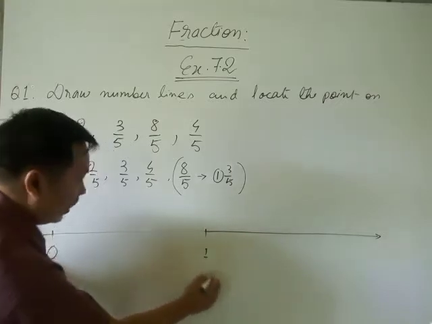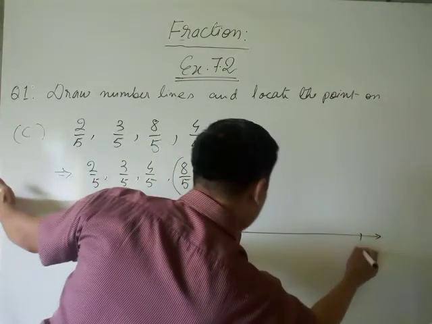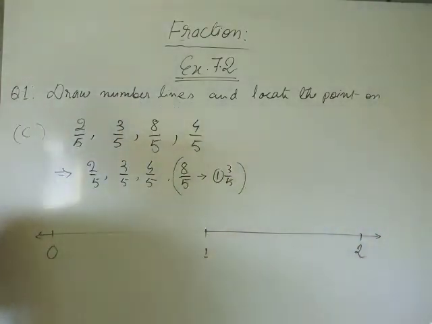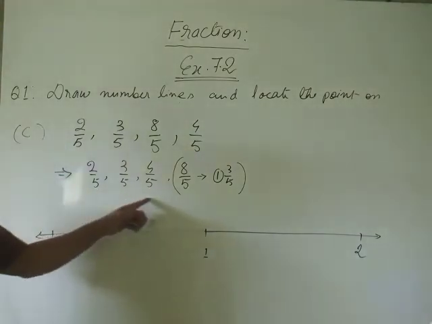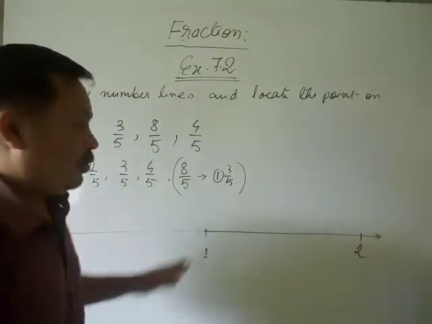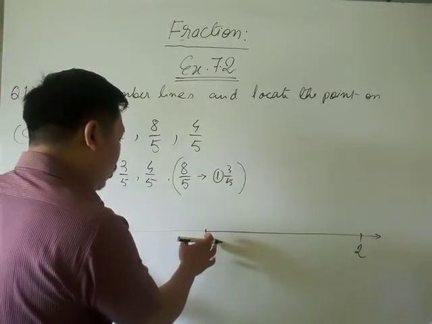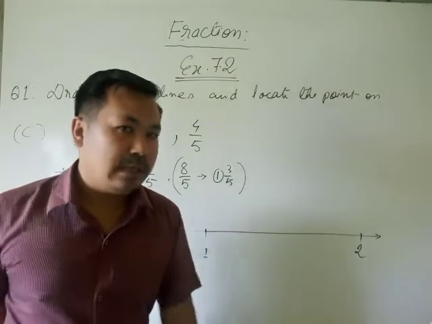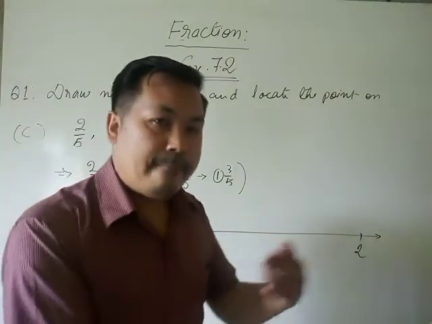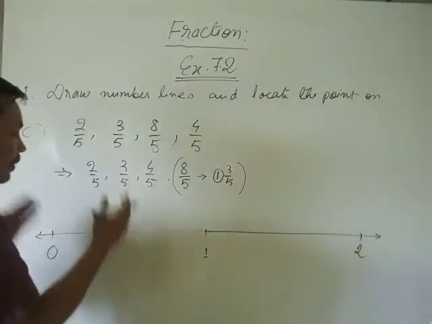Here is 1 and here is 2. The denominators are 5, 5, 5, so the parts between 0 and 1, and between 1 and 2, will each be divided again into equal 5 parts.